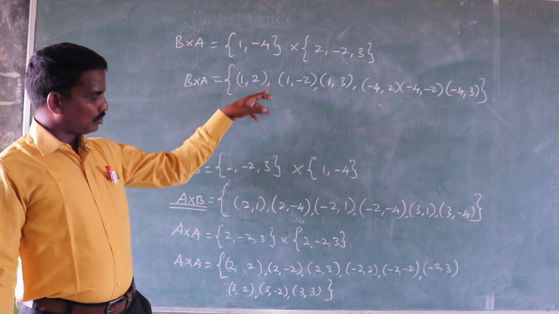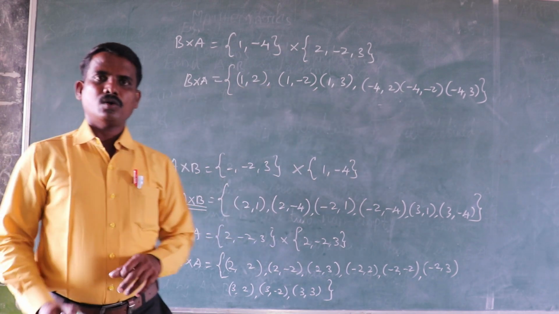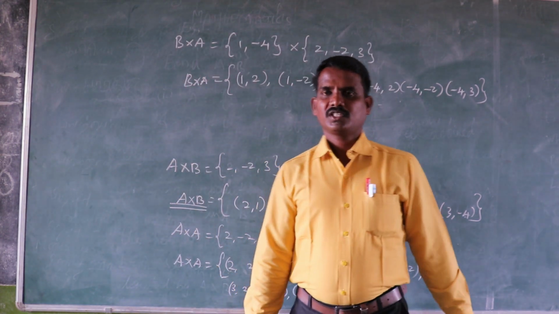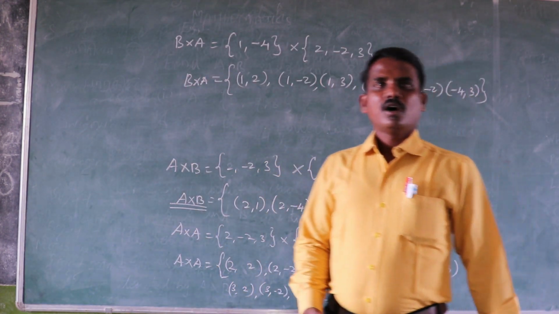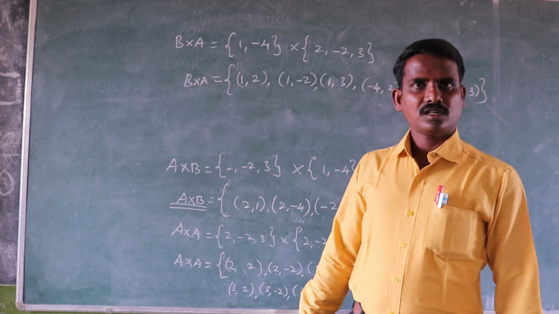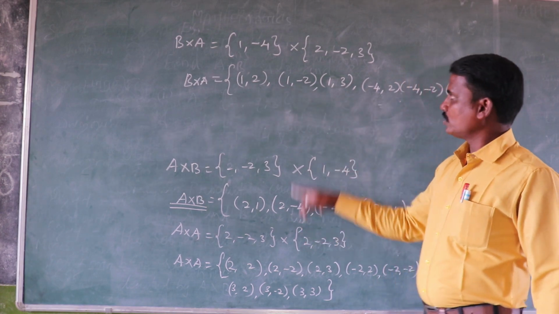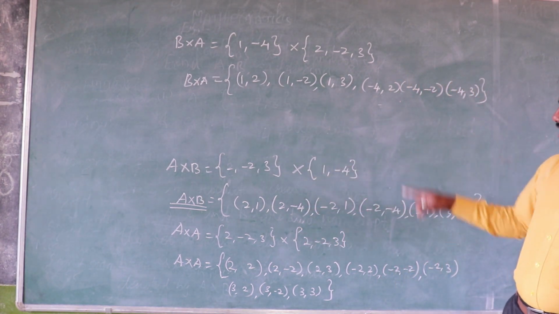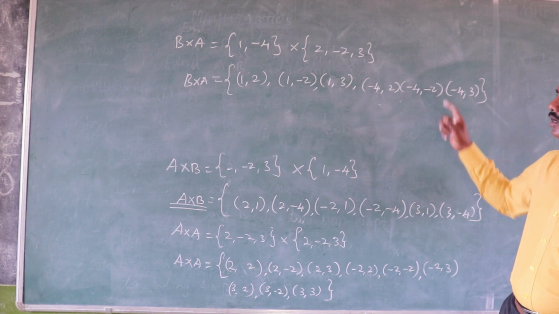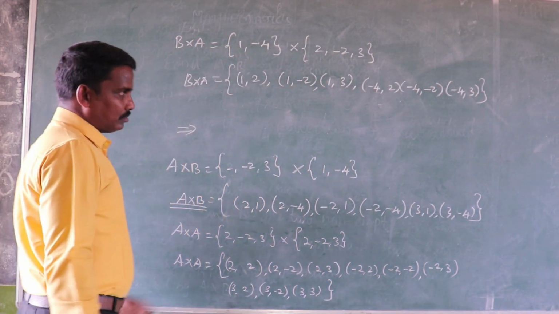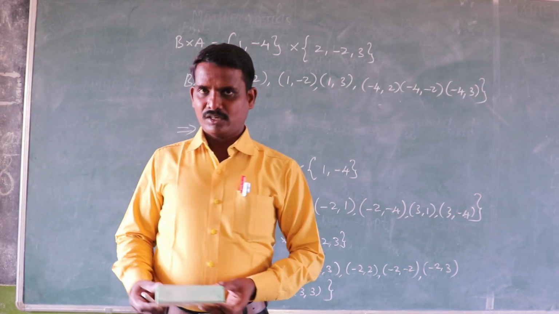Here we have 1 comma 2, but here 2 comma 1. Are both equal or unequal? Yes, good. Both are unequal because 1 comma 2 is not equal to 2 comma 1. Like that, all the pairs are unequal.